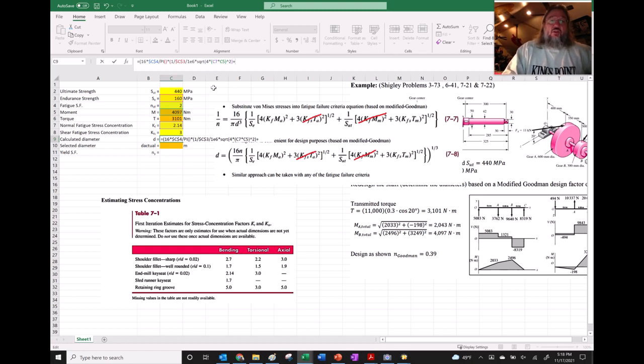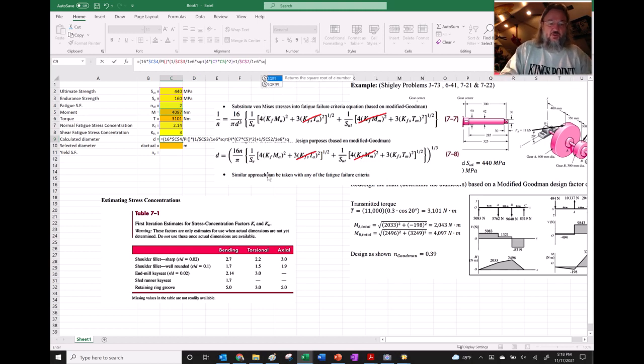So I'm going to go plus 1 divided by my ultimate strength, put the F4 in there, divided by 1e6 again. All right, and then now I'm going to multiply it by the square root of that whole thing.